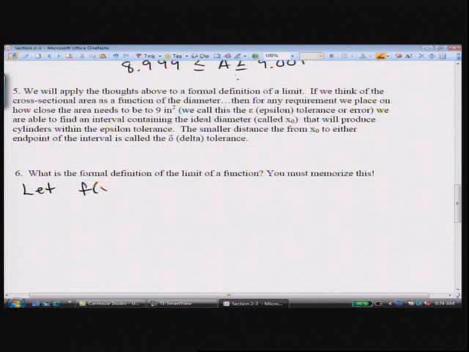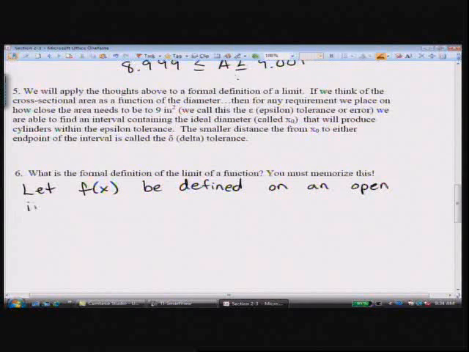All right, let f of x be defined on an open interval. What am I going to say next? If you've been memorizing my lectures word for word, you would know that I was going to say, except possibly, remember that part? Okay.